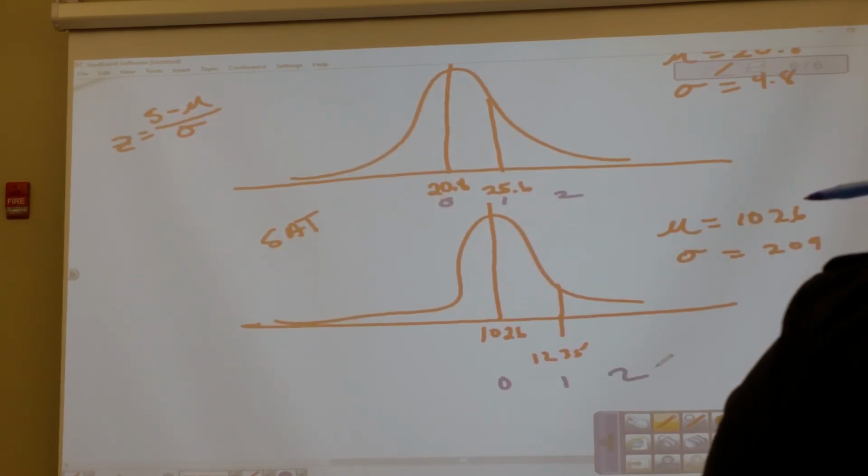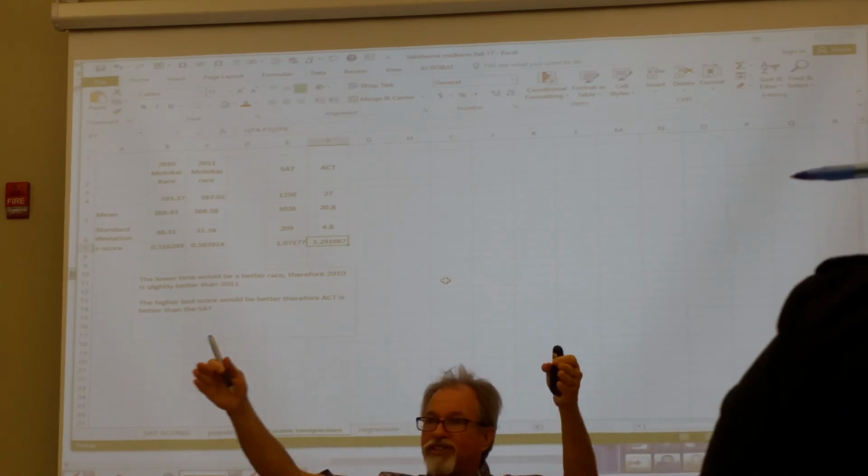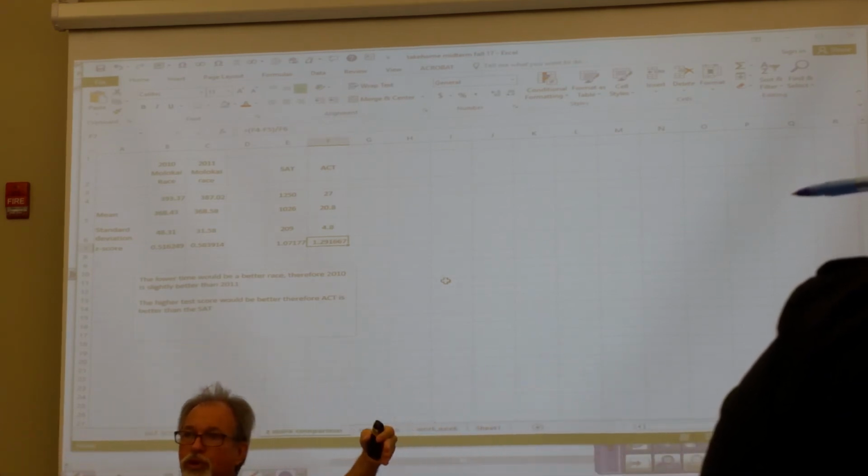So now when I calculate it and I get my z-score of 1.07 and 1.29, I can actually tell how many standard deviations away from the mean I am.